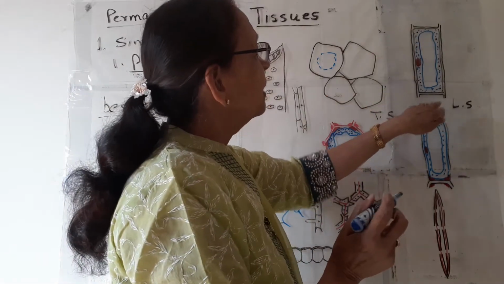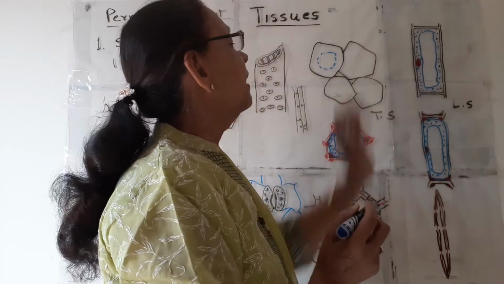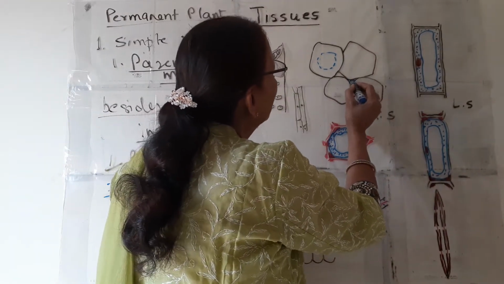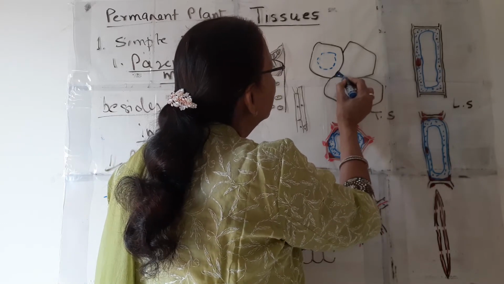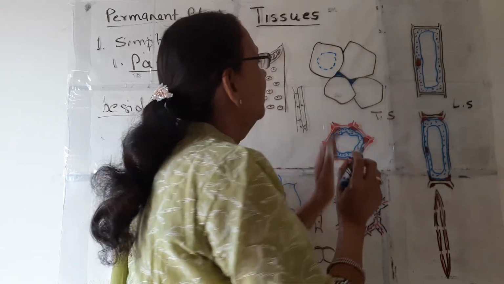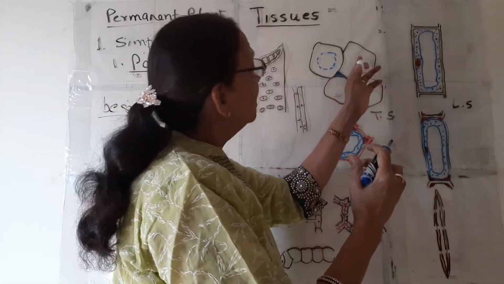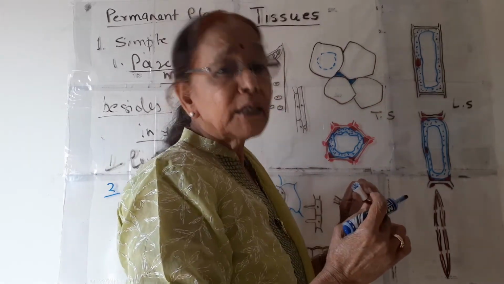In longitudinal section you can see the vacuole here, and this is the cytoplasm. One more thing, these are the intercellular spaces. Inter means in between two cells, intra means within the cell. So these are intercellular spaces.